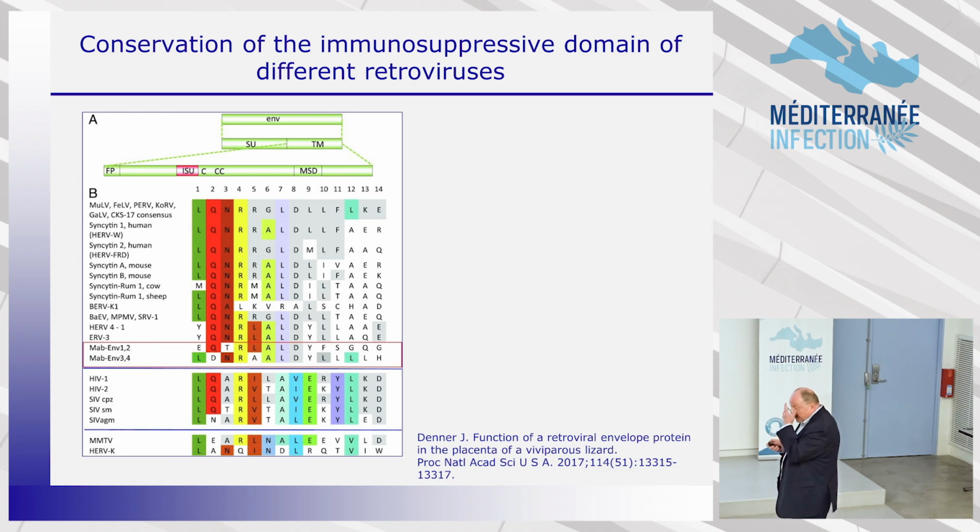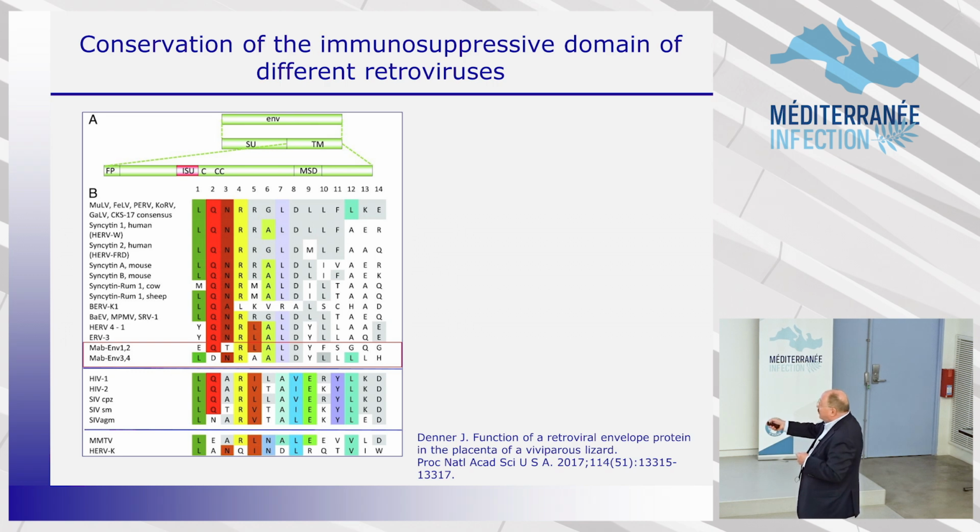And here you see a comparison of this immunosuppressive domain, which is located in the ENV, surface envelope protein transmembrane, and here you have the immunosuppressive domain, and you see it is highly conserved. Here you have PERV, feline leukemia virus, mouse leukemia virus. Then you have syncytin 1, which is HERV-W, syncytin 2, HERV-FRD.